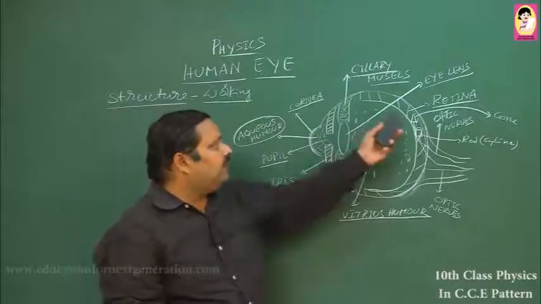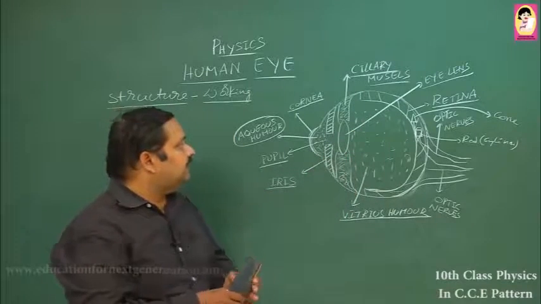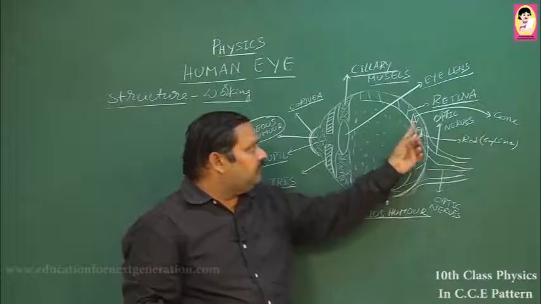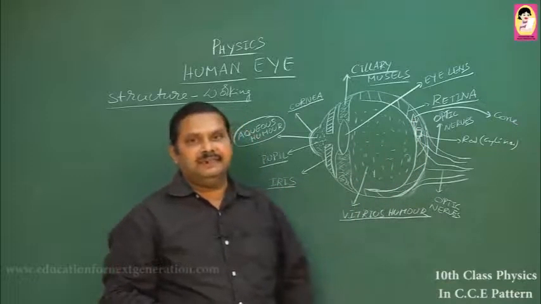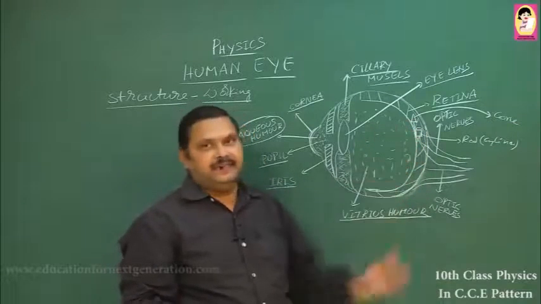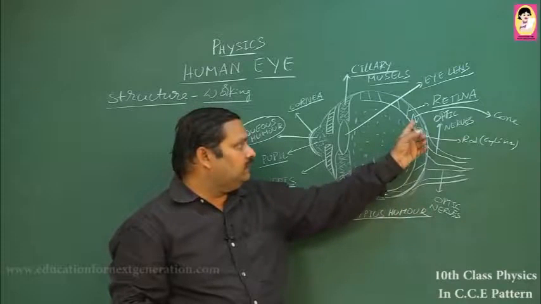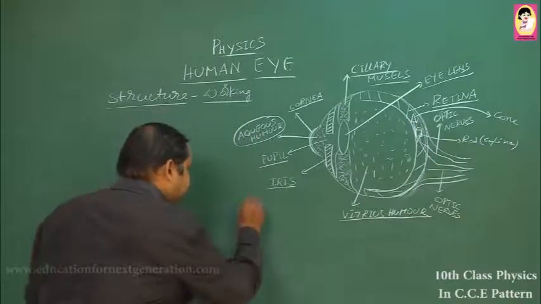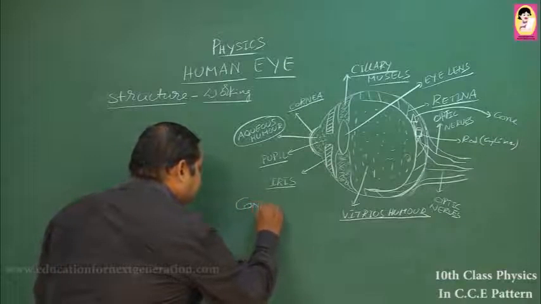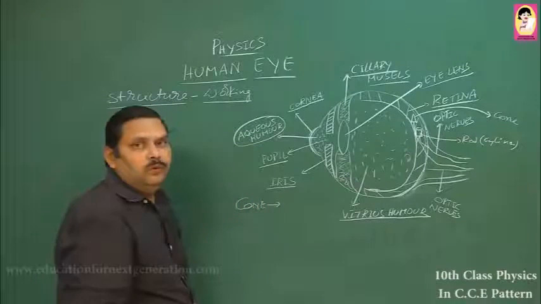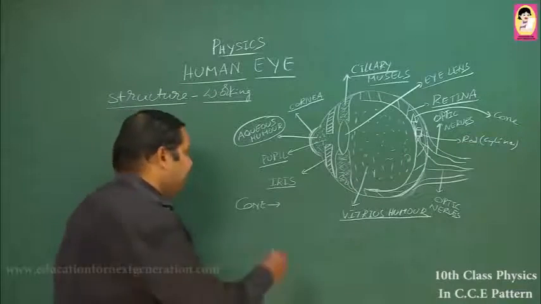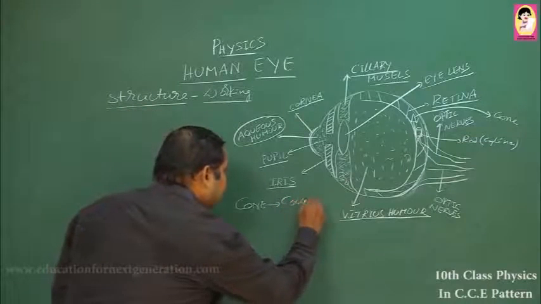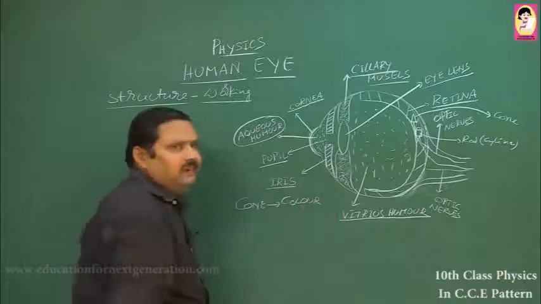Once the image is formed on the retina, as we discussed earlier, there are two types of optically sensitive cells on the retina. One is the cone, the second type is the rods. Cone cells are responsible for the color of the light.